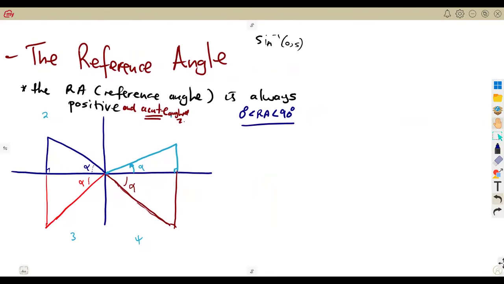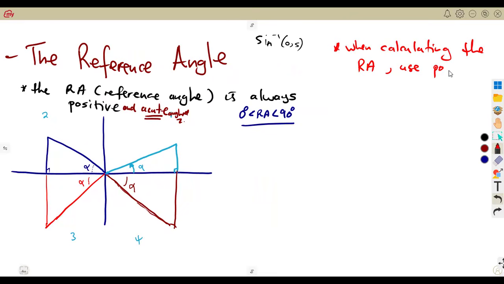It's an acute angle. So when calculating the reference angle, I want you to note this: use positive values.